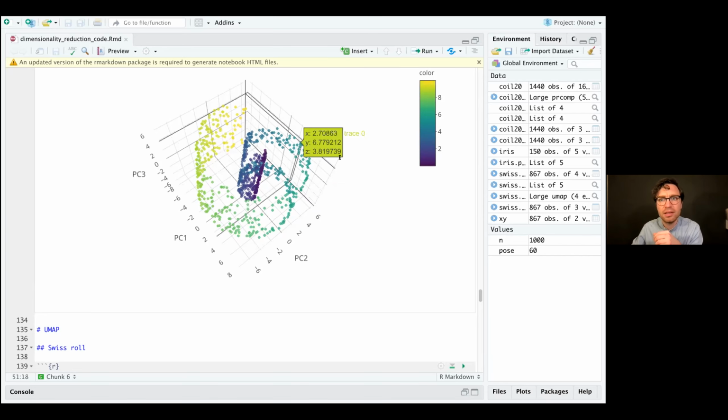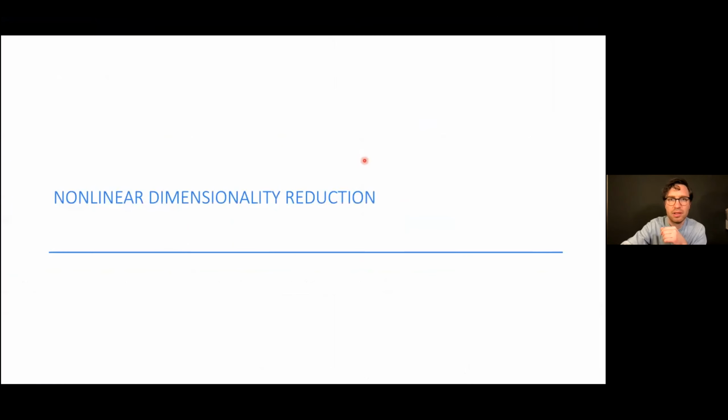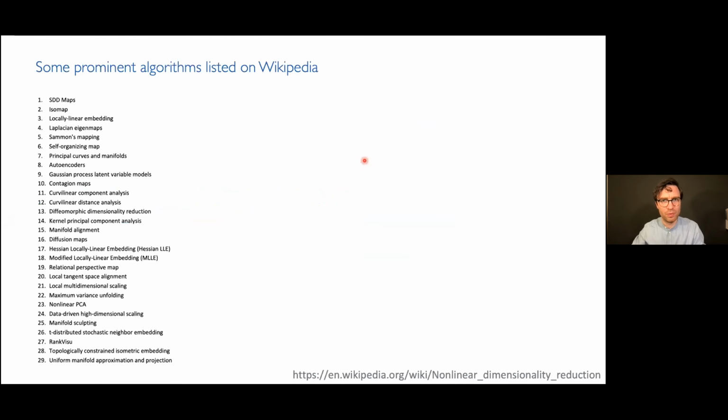So this leads me to the second part of dimensionality reduction, which is about nonlinear dimensionality reduction techniques. And as is usually the case with nonlinear things, there are many of them. About 1 year ago, I had a look at Wikipedia at a list of some prominent algorithms for dimensionality reduction, and there were 29.